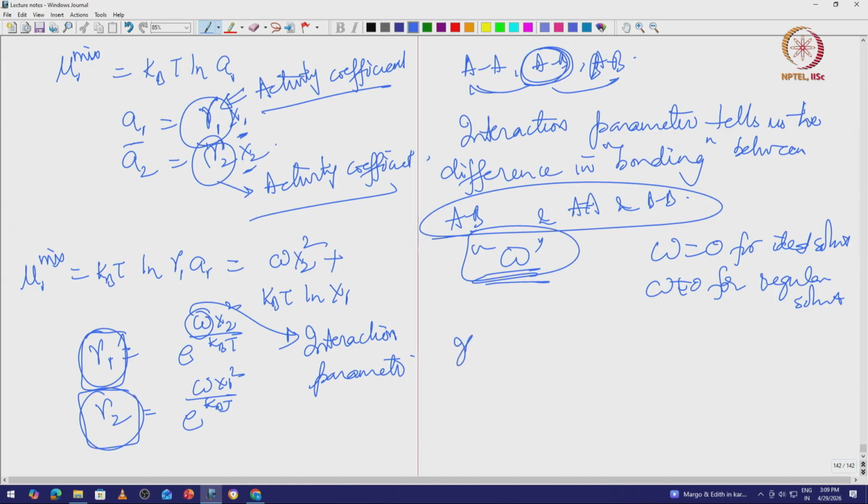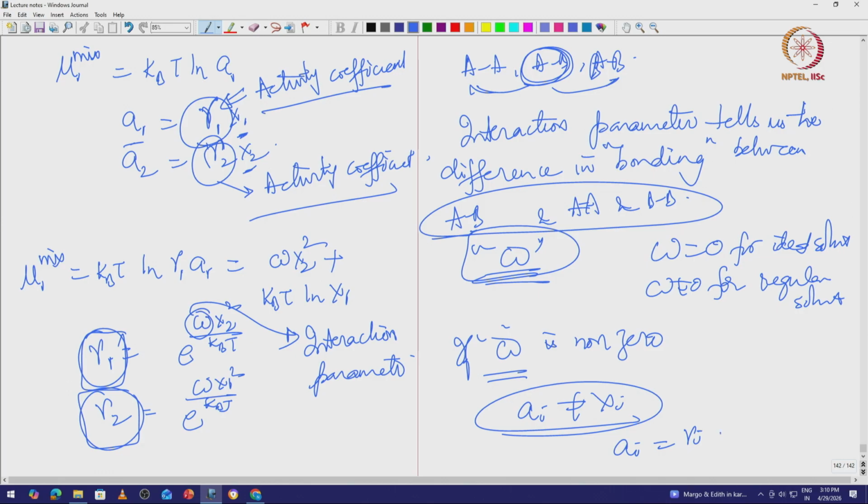If omega is non-zero, that is A and B are bonding differently or their bond energy is different compared to AA and BB, right. A likes B more or A likes B less compared to itself, or B likes A more or less compared to itself, right. So, then an interaction parameter arises which is a non-zero quantity, then my activities are not the same as compositions, right. So, activities differ from compositions, and they differ using an activity coefficient, right.